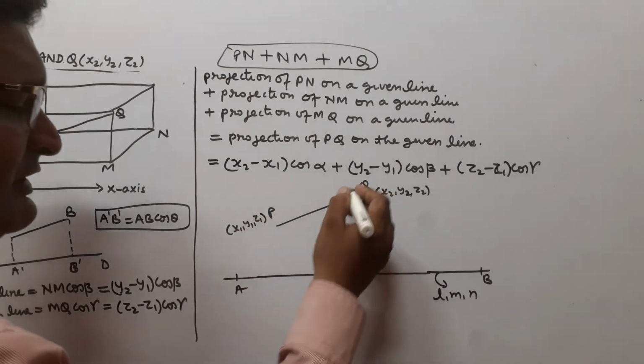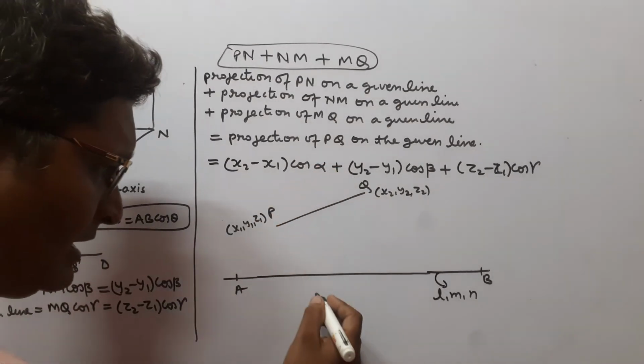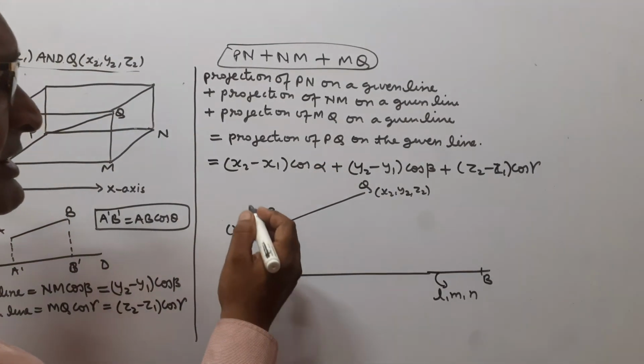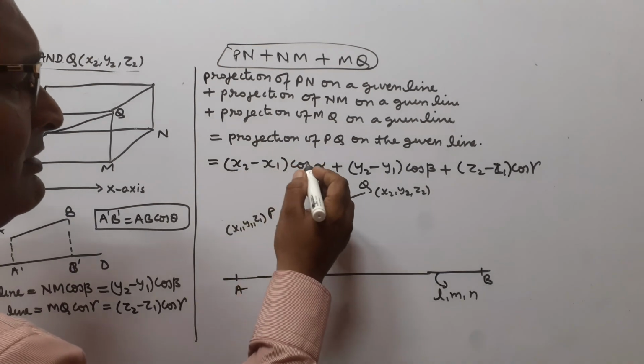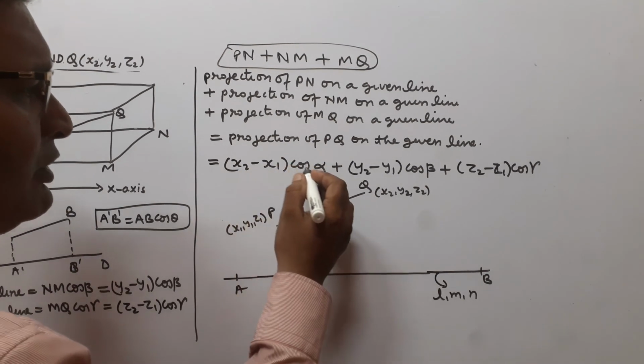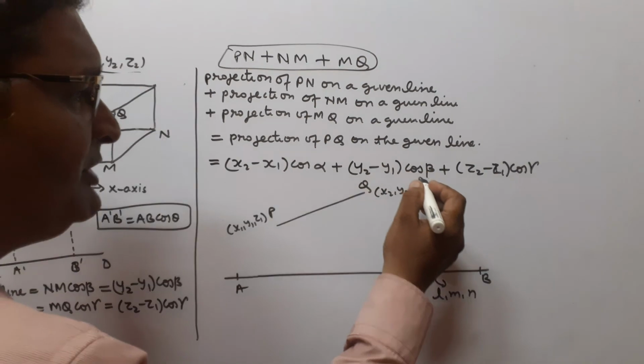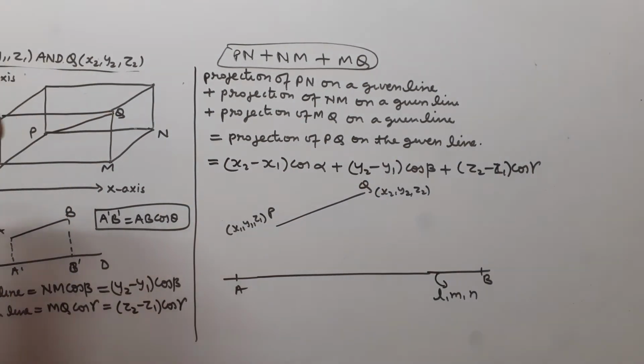So the projection of PQ line on AB line can be written as x2 minus x1 cos alpha plus y2 minus y1 cos beta plus z2 minus z1 cos gamma.